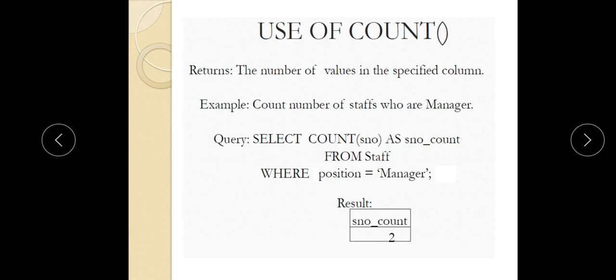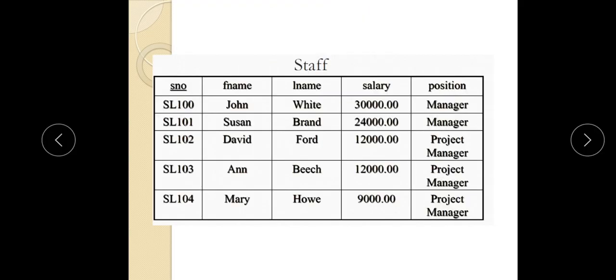So what we do, we will take the count of either serial number or F name. Both are possible. So we will take the count of serial number whose position is manager.